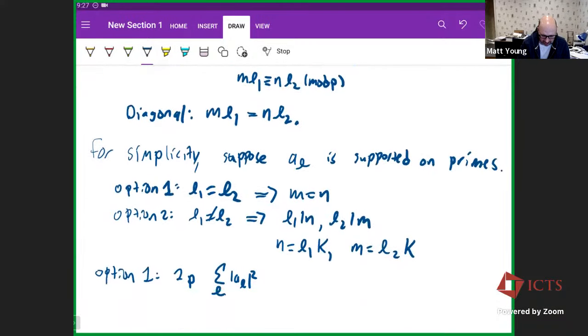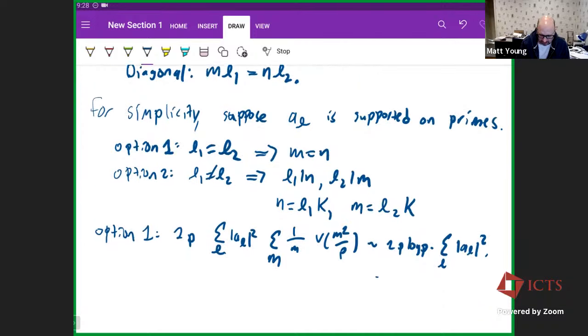M and N are the same, so we've got a sum over M of 1 over M, V of M squared over P. So this will be basically 2P log of P times this sum of squares of these coefficients. So this is approximately like P times L, if we just choose a sub L to be the primes up to capital L. As an order of magnitude, it's P times L.